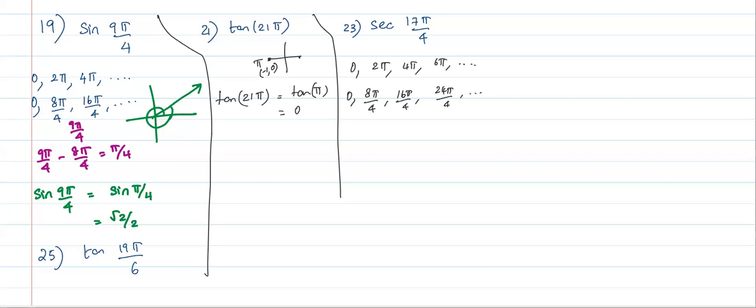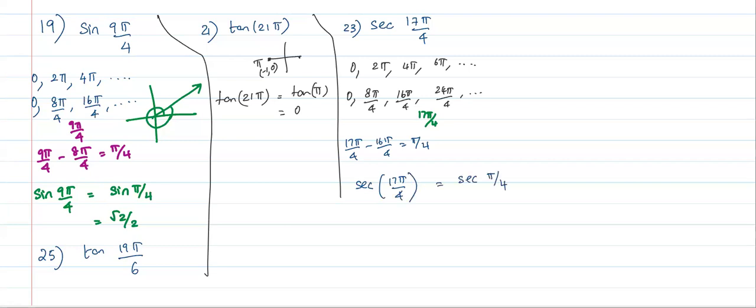So now that tells me that 17 pi over 4 is going to fall here. So 17 minus 16 is pi over 4. So secant 17 pi over 4 will have the same value as secant pi over 4.